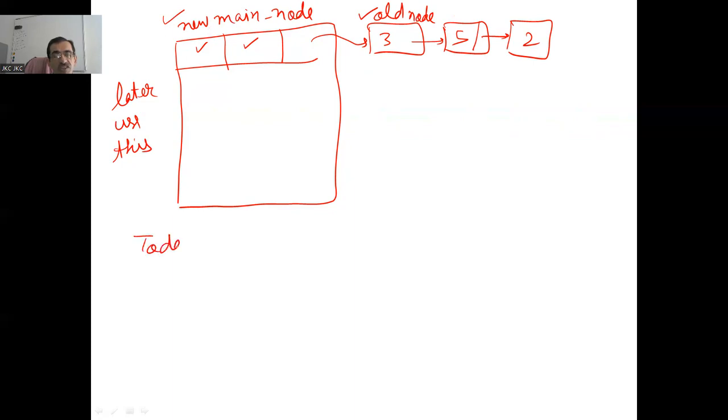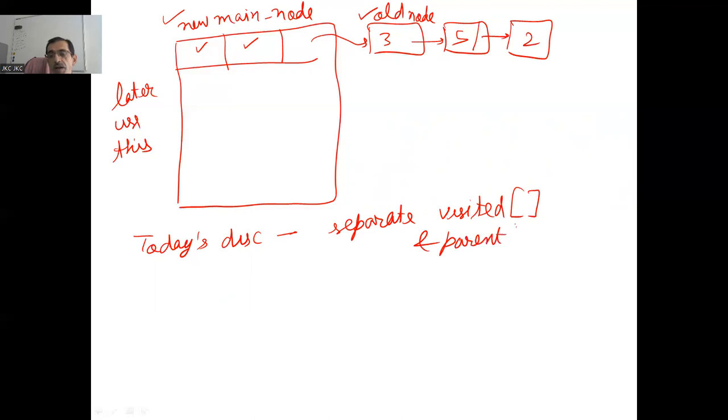For today's discussions, use a separate global visited array and parent as a global array, and the graph you have already declared.